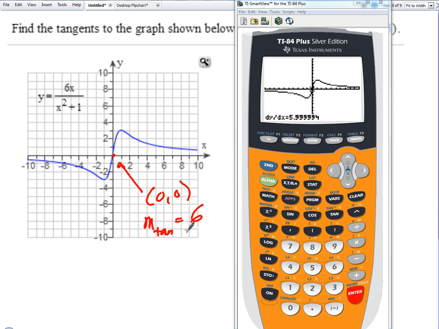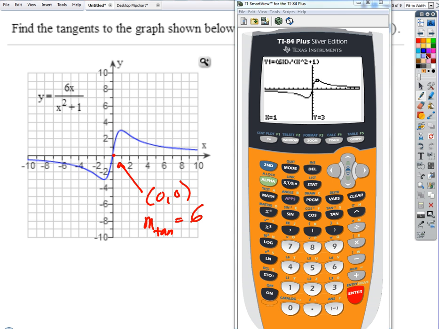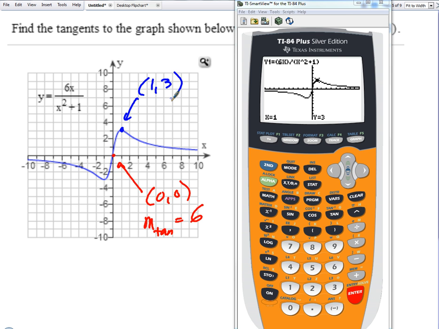There it is. Let's do maybe the one at x equals 1. Now, they told us the y value was 3, but we didn't even need to know that, did we? Because we could have just gone trace 1, enter, and it tells me it's 3, right? So this point is at 1, 3, and if I want to calculate the slope there, just second calc 6, x equals 1, and it's telling me dy/dx is 1.5 e negative 6.